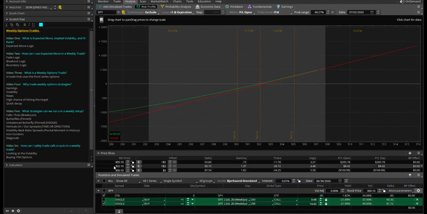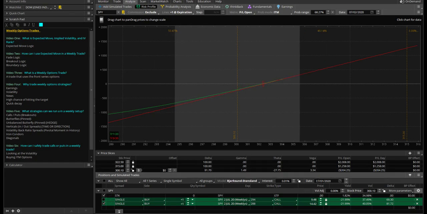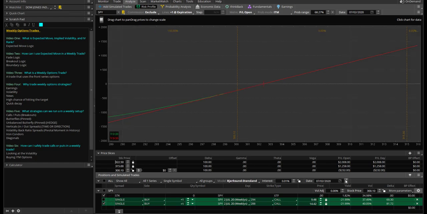We'll move the first one to 315, and we'll move the other one to 322. And we can see the P&L right here. What would the trade be worth on June 30th? What would it be worth on July 1? And then at expiration, what would it be worth if price did make it up to that 315?